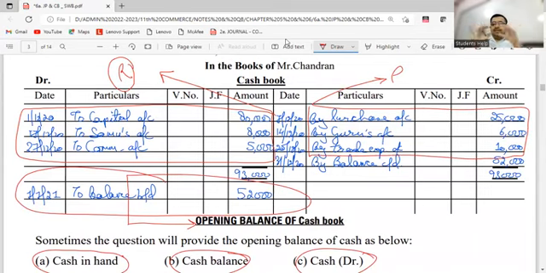So if a transaction comes and you are unable to identify its journal entry, you apply a simple logic. If it is a receipt, put the transaction on the debit side. If it is a payment, put the transaction on the credit side.